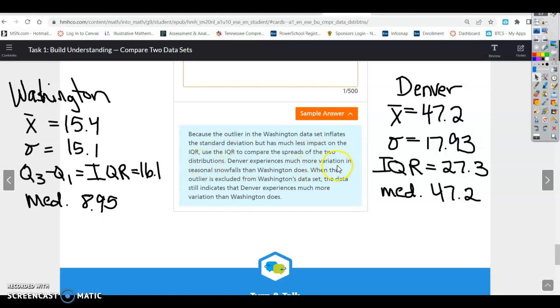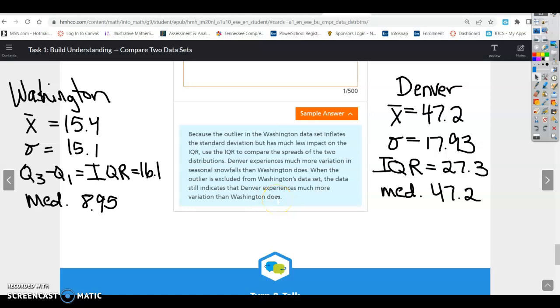Denver experiences much more variation in seasonal snowfall than Washington does. When the outlier is excluded from Washington's data set, the data still indicates that Denver experiences much more variation than Washington does.